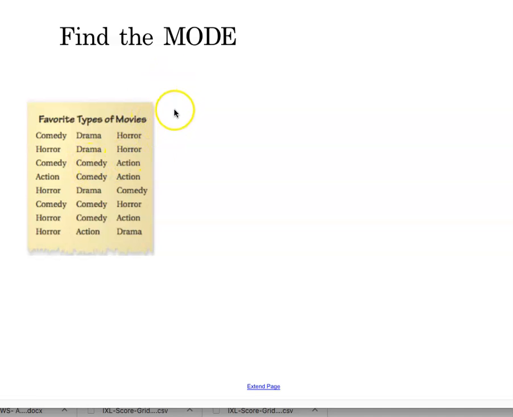So in this case, you want to find the favorite types of movies, and we have comedy, drama, horror, or action, and we need to figure out how many times each one came out. So the easiest is to create a tally chart. So comedy is 1, 2, 3, 4, 5, 6, 7, 8. 8 people said comedy. And then drama, 1, 2, 3, 4 people said drama.